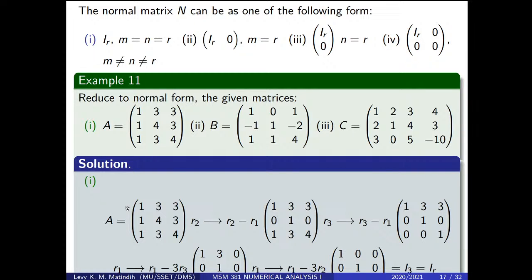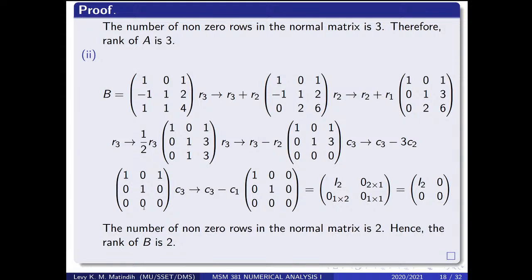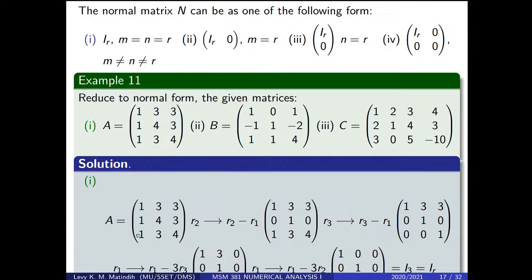So in my case, I'll start by transforming row 2. If we change row 2 to being row 2 minus row 1, what we have is, in row 2, the first entry is 1. So it will be 1 minus 1 to give us 0, 4 minus 3 to give us 1, 3 minus 3 to give us 0.